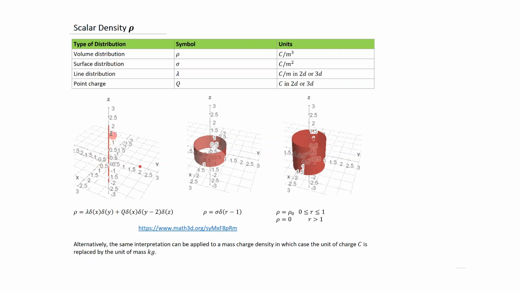So if we look at this example, this is an infinitely long filament, and you've got a point charge here. If we were to represent this system in terms of Dirac delta functions, then rho would involve this quantity here, lambda delta(x) delta(y), which corresponds to this filament.